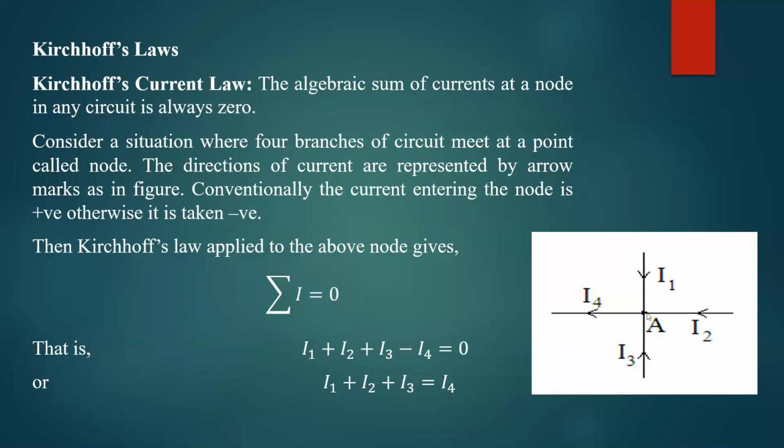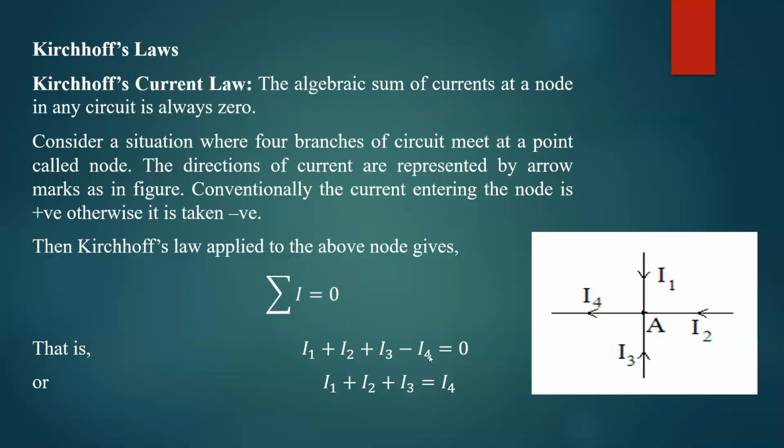So consider them one by one. I1 is the current entering the node, so it is positive. The second current, I2, is entering the node, so it is positive. I3 is also entering the node, which is positive. The last branch carries current I4, which is going away from the node, that's why minus I4.